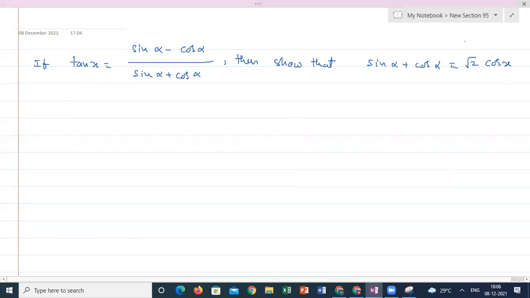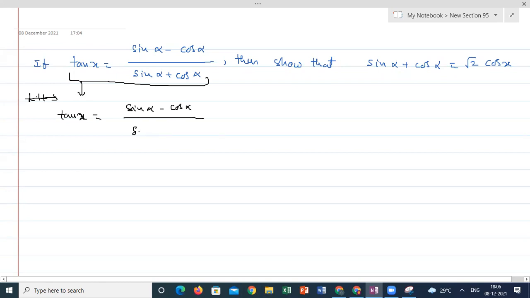Will explain. Taking the LHS, I am carrying this whole expression here. Tan x is equal to sin alpha minus cos alpha divided by sin alpha plus cos alpha. I am taking cos alpha common in the denominator and numerator.